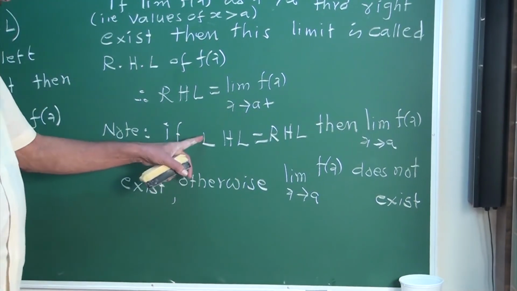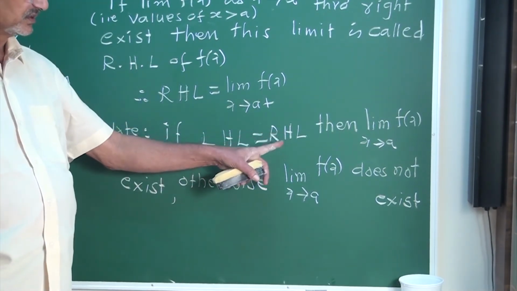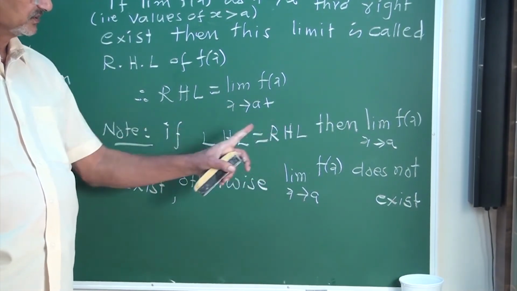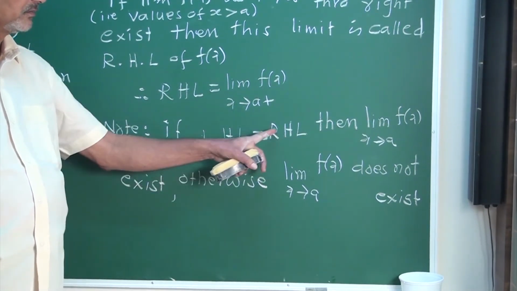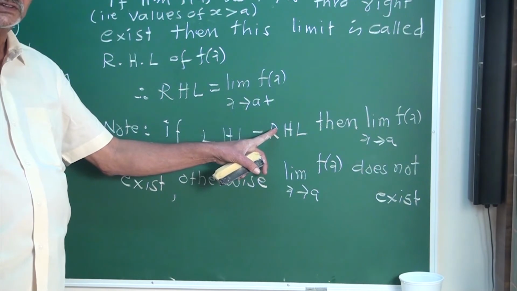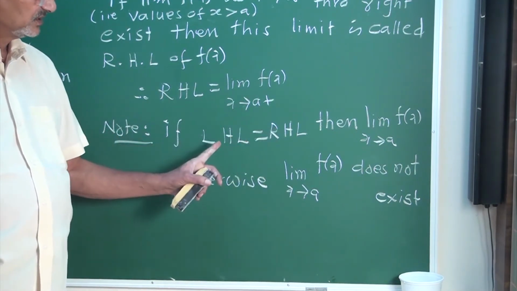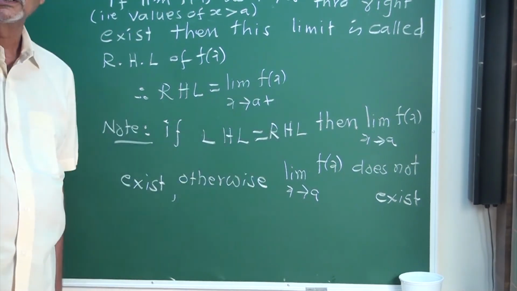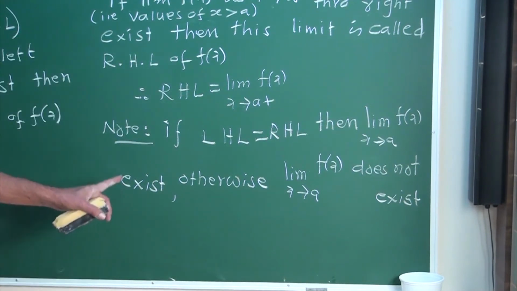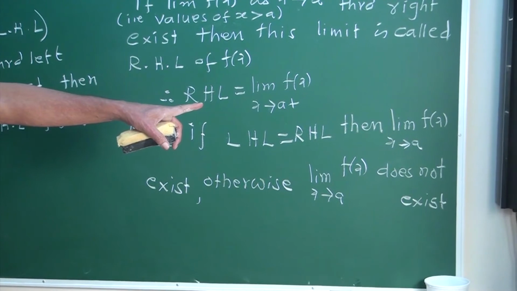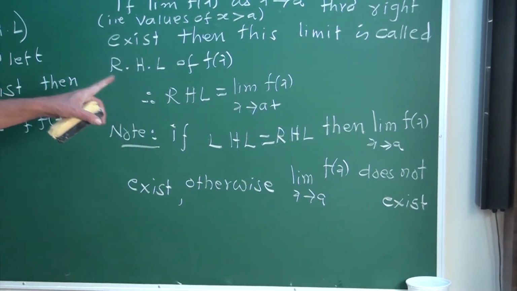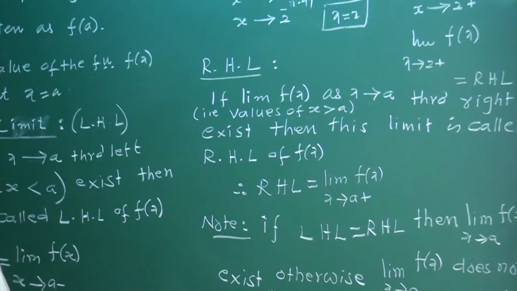Otherwise, if LHL is not equal to RHL, the limit does not exist. If any one among the two does not exist, in that case the limit does not exist. This is how the limit of the function exists, and this is the value of the function.